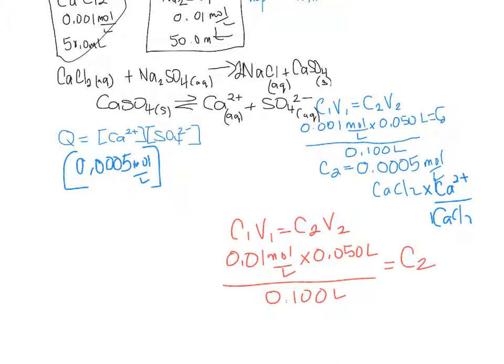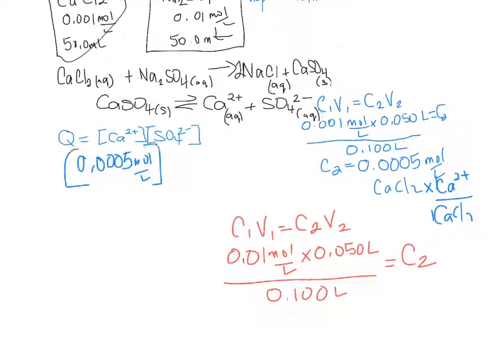Oh, right, our final volume is 100 milliliters. You have C1, V1, V2. You're moving the V2 down here, so we can isolate the concentration. How many moles per liter do we have? 5 times 10 to the negative 4.